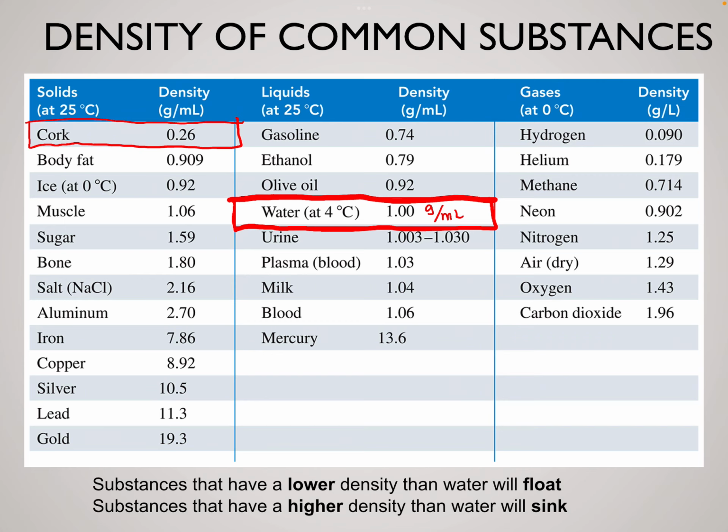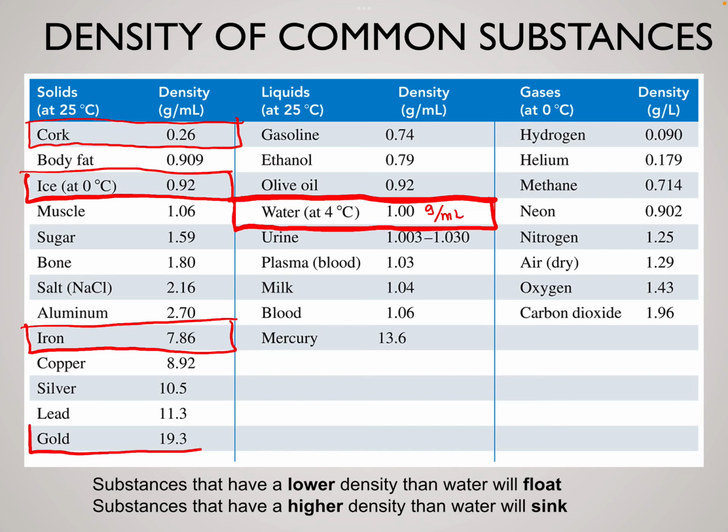Same thing here: the density of ice is lower than the density of water, so it floats. However, things that have a higher density than water will sink. So if we stuck some iron in the water, it'll sink to the bottom. Iron's pretty dense. Same thing if you put a gold ring in water, that will also sink. So anything that has a density less than water will float, and everything that has a density greater than water will sink. Kind of cool, right?